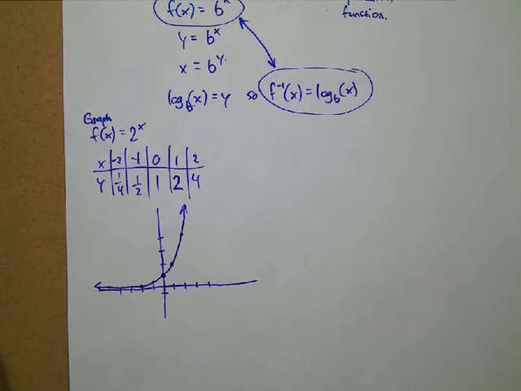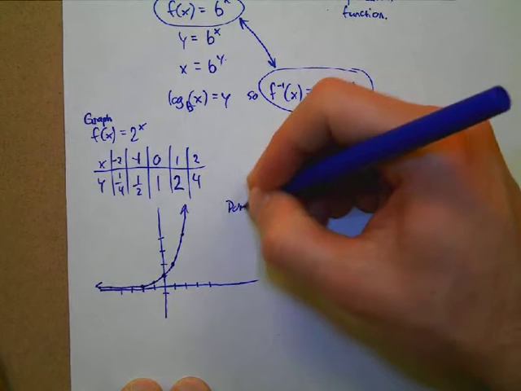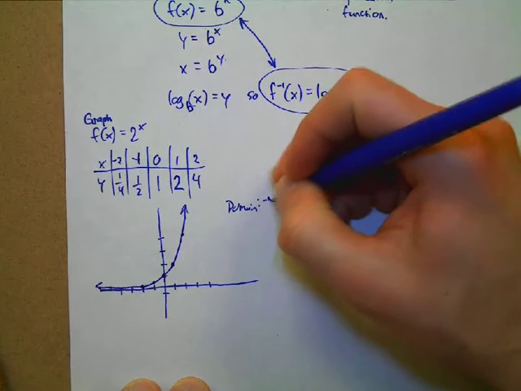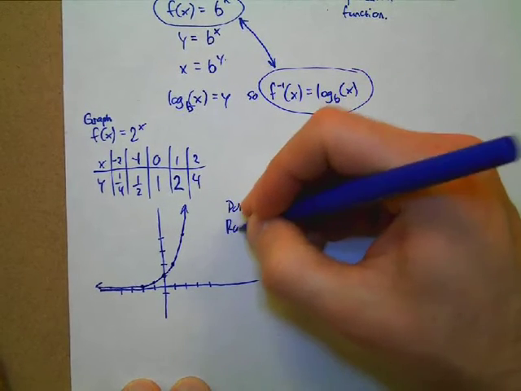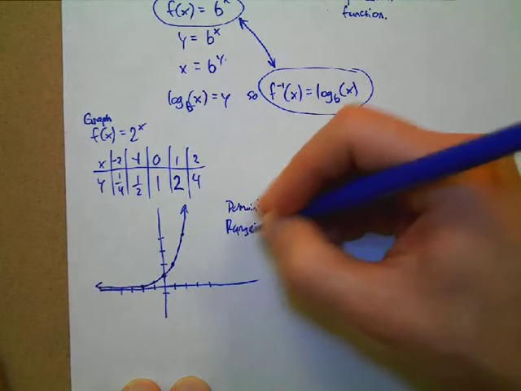What was the domain of this function? Negative infinity to positive infinity. What's the range of this function? Is it also negative infinity to positive infinity? No. What's the lowest y value we're going to be approaching here? 0. So domain is negative infinity to infinity, but the range has a lowest y value of 0.